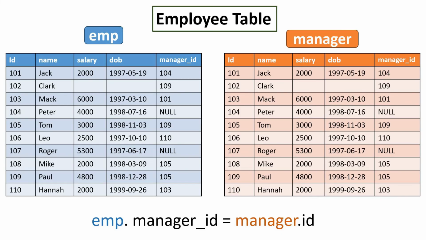So for example, let's take the first row from the EMP table, which has the ID 101 and its manager ID is 104. Now it will look into the ID column of the manager table. So here 104 is the ID of Peter. So the manager name of Jake is Peter. So in this way we will get the manager name of all the employees.